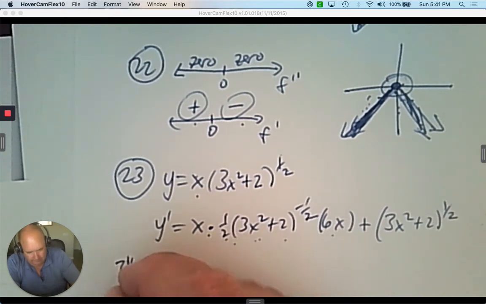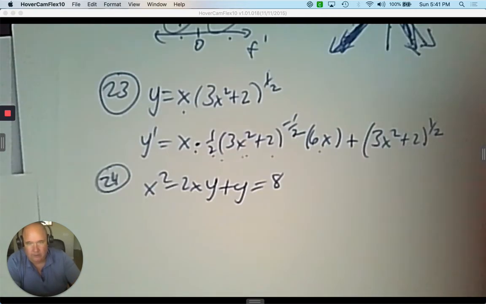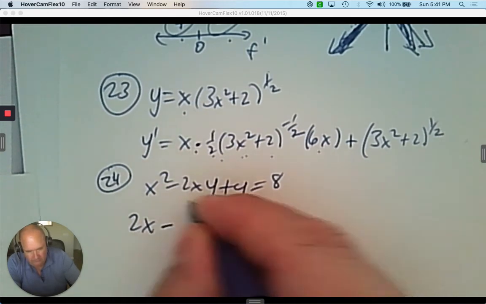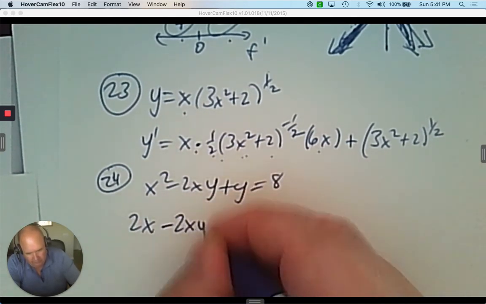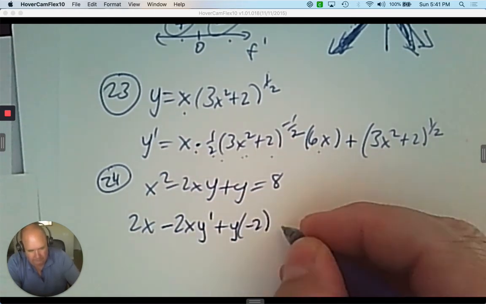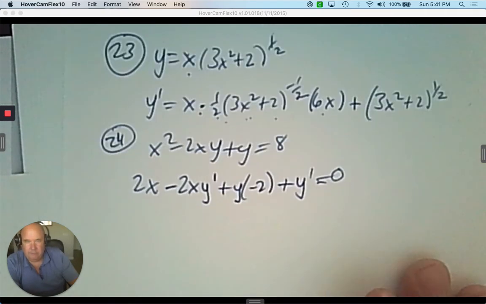24. Can you take the derivative implicitly? So x's and y's are together here. It's not y equals, so it's going to be 2x. This is the product rule, which is the first times the derivative of the second plus the second times the derivative of the first. Y is y prime, and the derivative of 8 is 0.